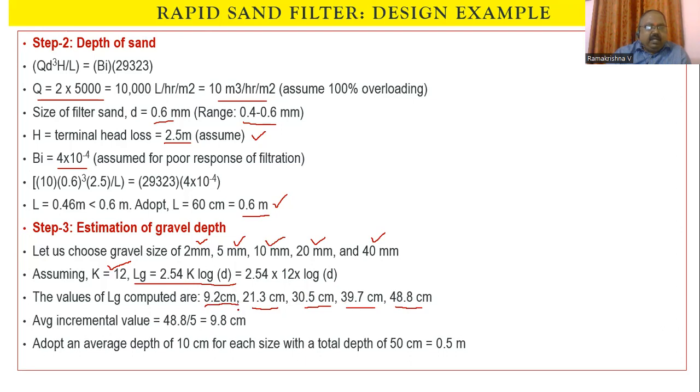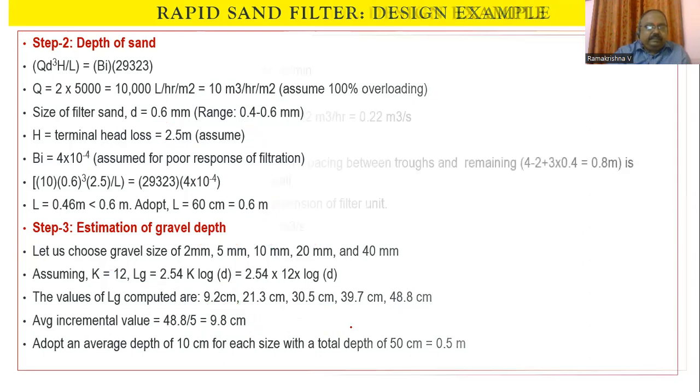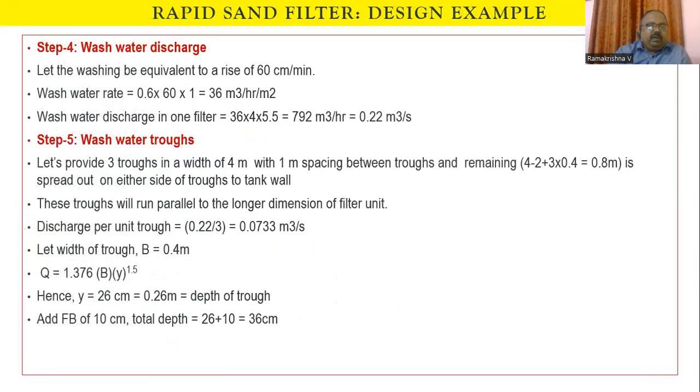If you take the average of all these, the average depth for each size comes out to be 9.8 centimeters. So you round it off to 10 centimeters, providing a 10 centimeter depth for each size of gravel. The total depth will be 5 into 10, 50 centimeters.